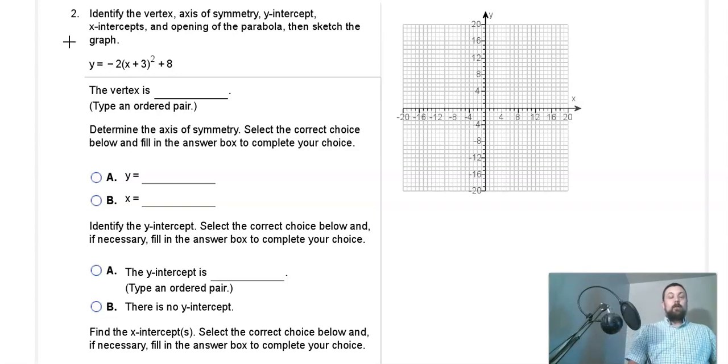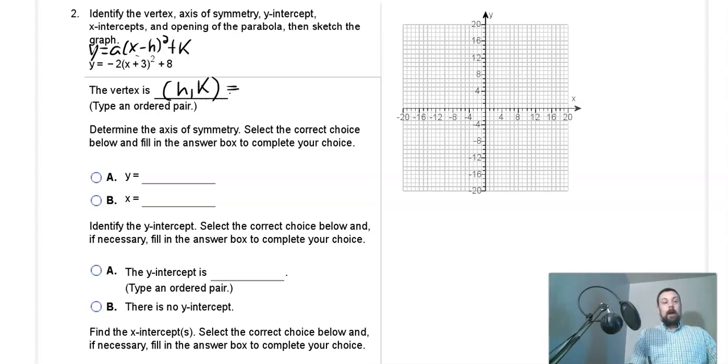All right. So this is another quadratic function, just like question number 1, but this time it's in vertex form. So the formula you want to match that to is this formula here. The reason you want to match it is it will help us with the opening of the parabola, but also for identifying the vertex. When it's in vertex form, the vertex is just at h comma k.